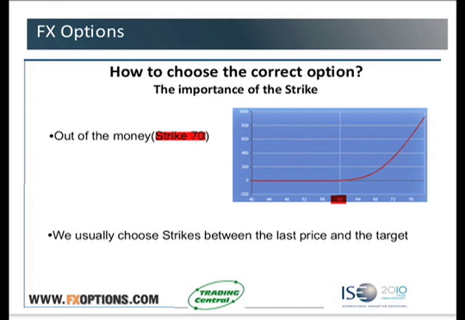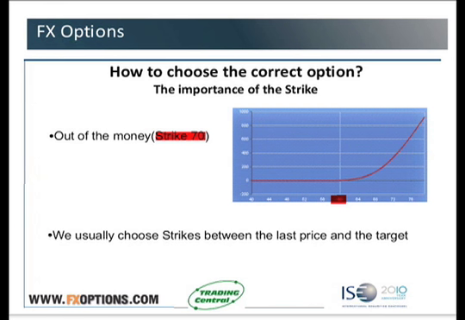Because there is still time available for the option to be in the money, there is a value attributable to this time, and that's why sometimes, even if the option is out of the money, even if the intrinsic value is negative or equal to 0, the option has a value itself.